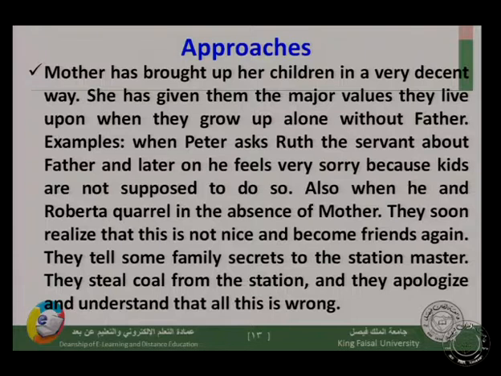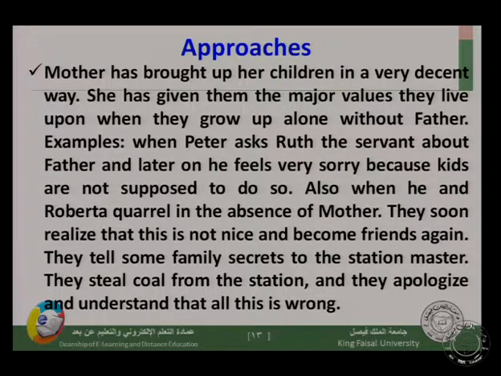Again, Peter does that, leading his sisters to it in order to help mother, who was sick and poor. He thought of helping his mother by bringing coal from the station, and that coal, of course, is stolen. It is not his. It is not his family's.